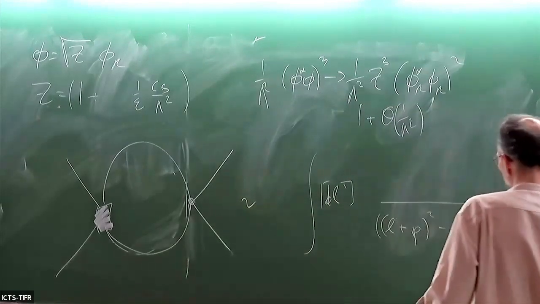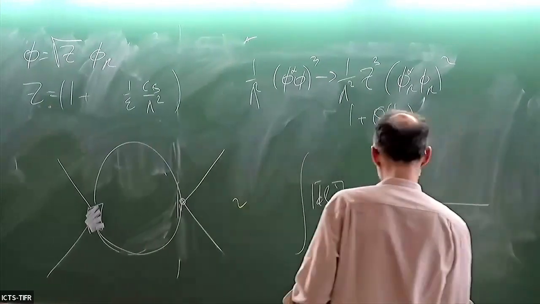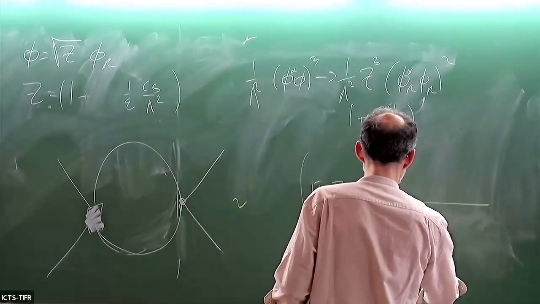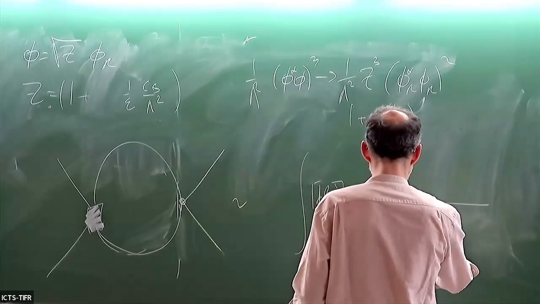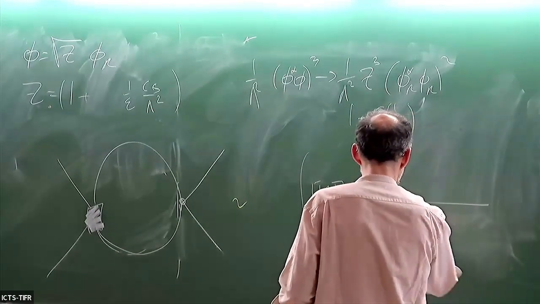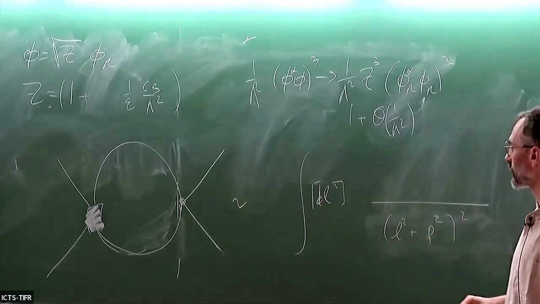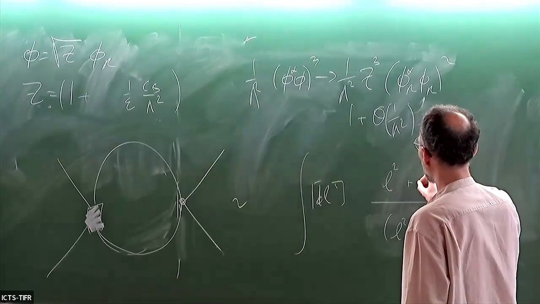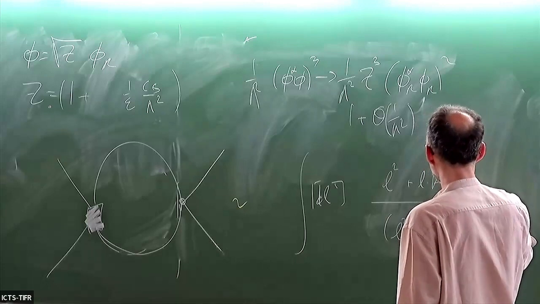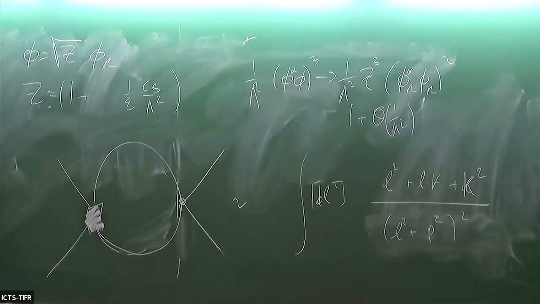Let me write this sketchily as L squared plus P squared. Two propagators, but also that effective term depends on momenta itself. So there will be also an L squared, maybe an L dot K, and a K squared term up on top. Okay, I'm not doing the integral, I'm just trying to see what it looks like.